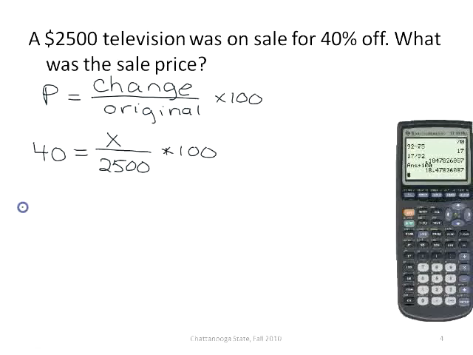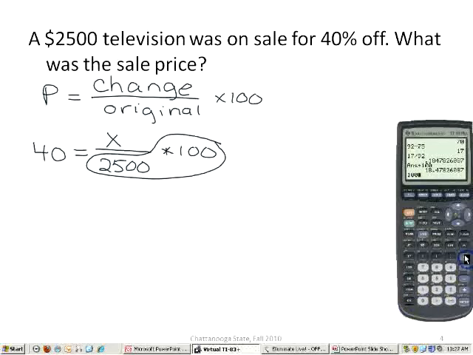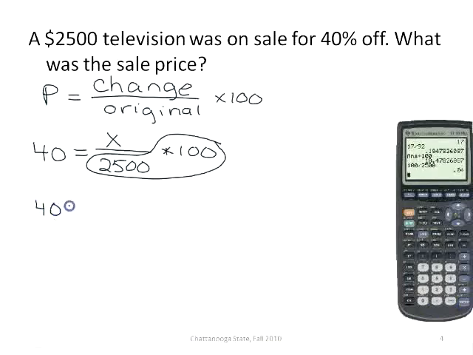So let's see, how would I solve this? Well, to solve this, I can certainly do the 100 divided by the 2,500. So I have 40 equals X times 0.04.